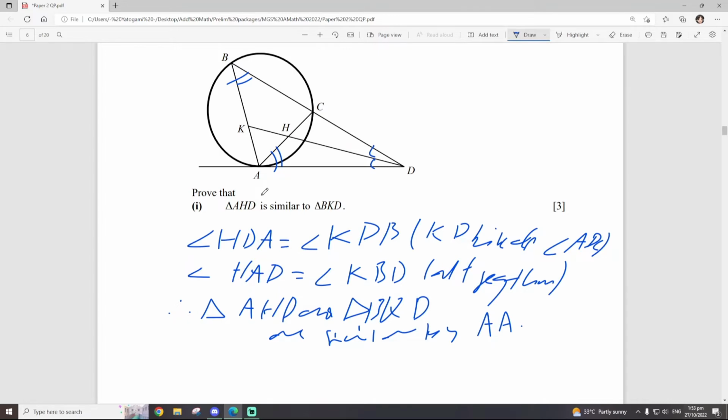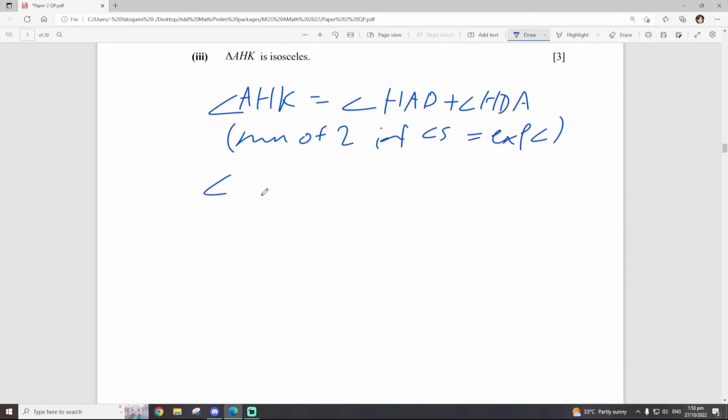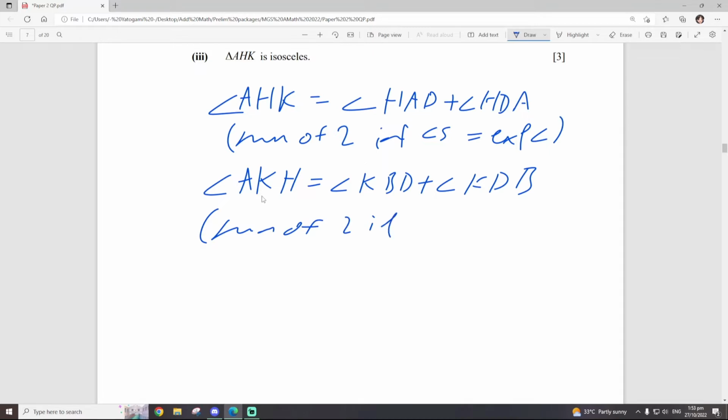What angle is this? AKH. Okay. AKH equals angle KBD plus angle KDB. Same reason, sum of two interior angles equals exterior angle.